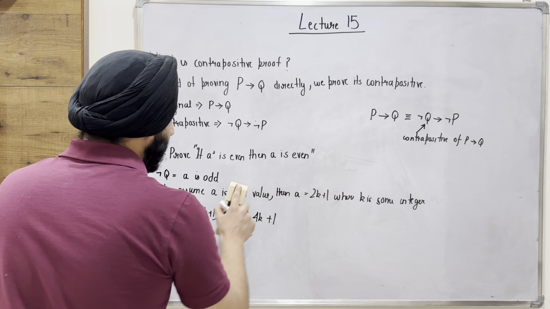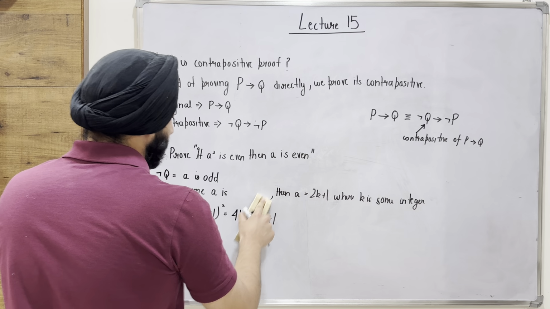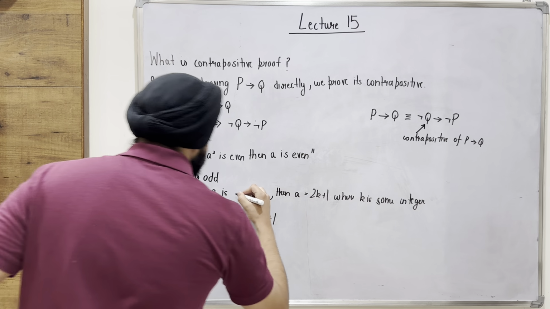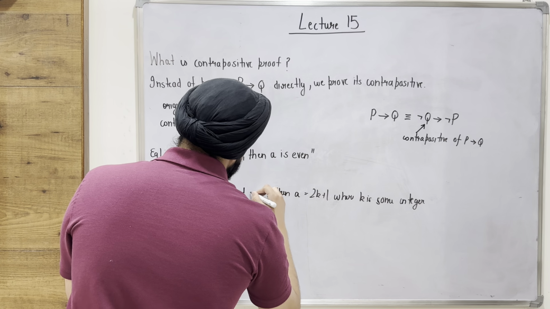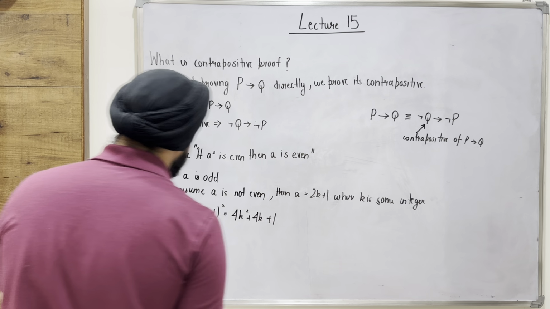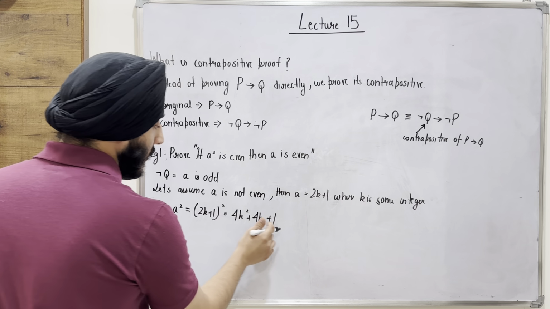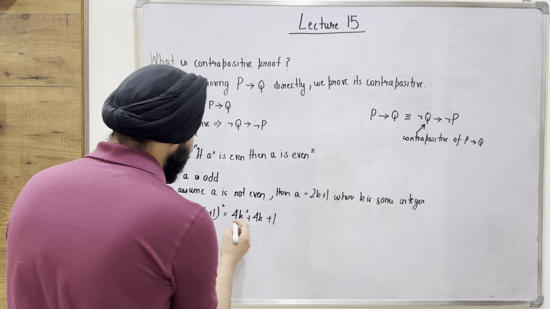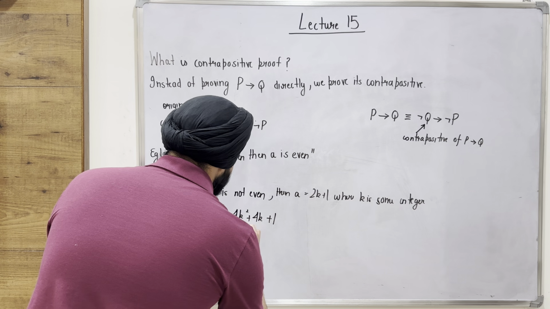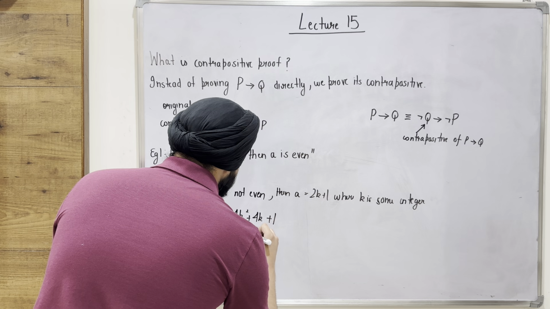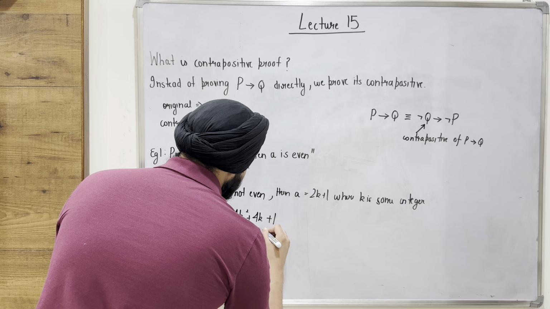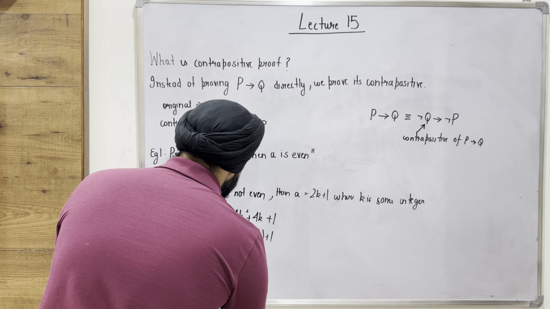So maybe instead of this, I can write not even. Then A square is going to be 2k plus 1 square equal 4k square plus 4k plus 1. This is equivalent to 2 multiplied by 2k square plus 2k plus 1, which is equivalent to 2m plus 1.